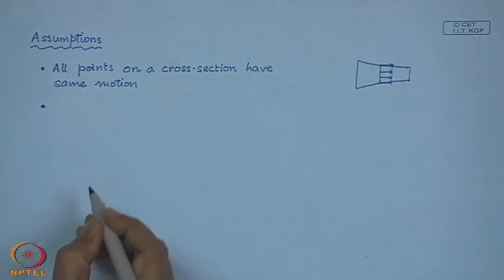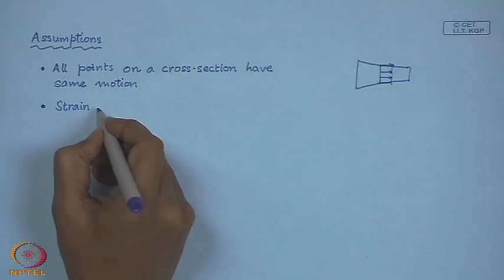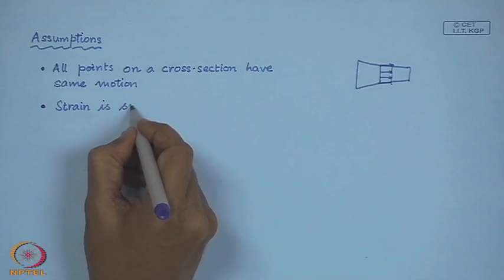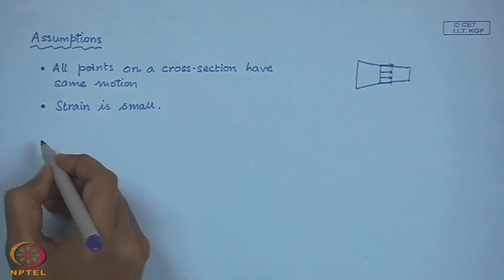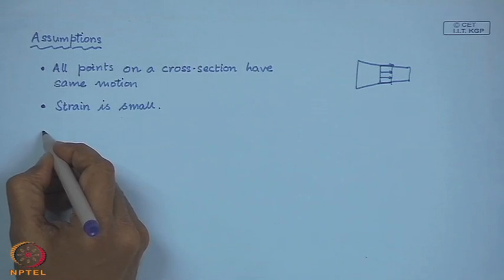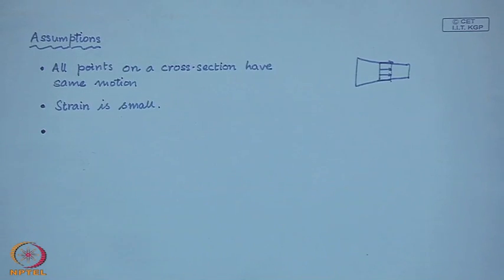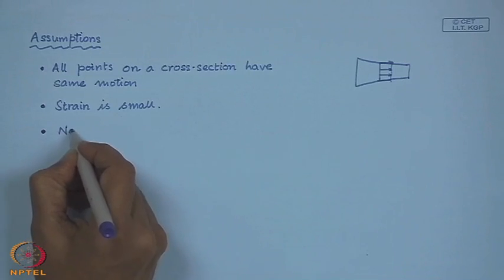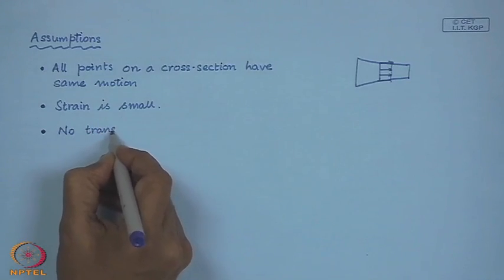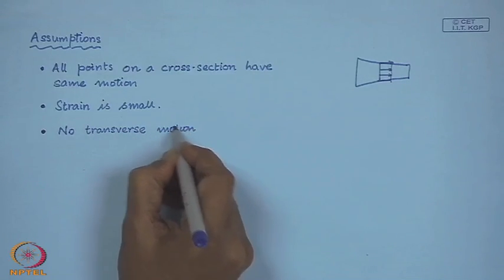The second assumption that we make is that the strain is small, so that we do not have nonlinear effects; we are going to discuss only linear vibrations of bars. The third assumption is that there is no transverse motion of the bar.